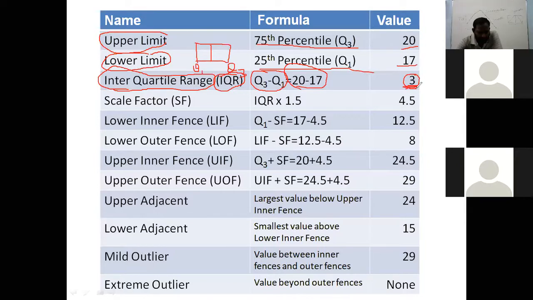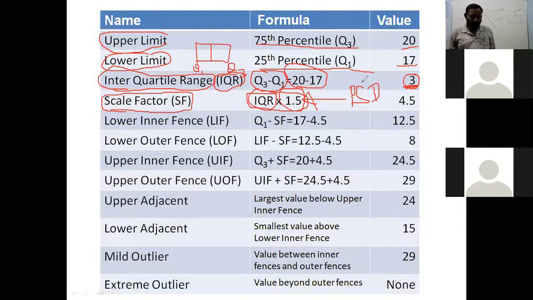For a given data, it is constant: Q3 minus Q1. Then we have a component called the scale factor, SF. This scale factor is actually the interquartile range, IQR, multiplied by 1.5. You may ask why we multiply by 1.5. This is called pseudo standard deviation. Don't ask what is pseudo standard deviation.